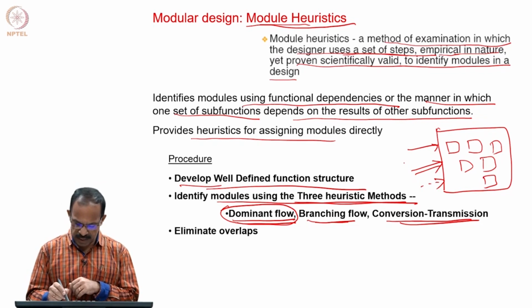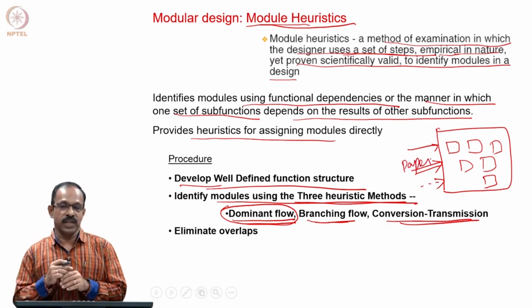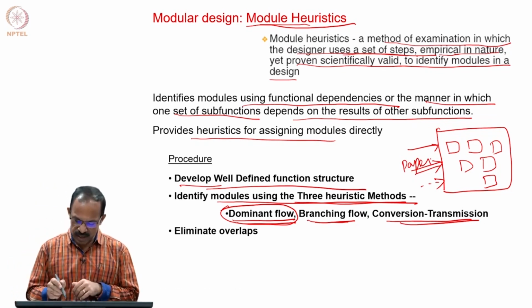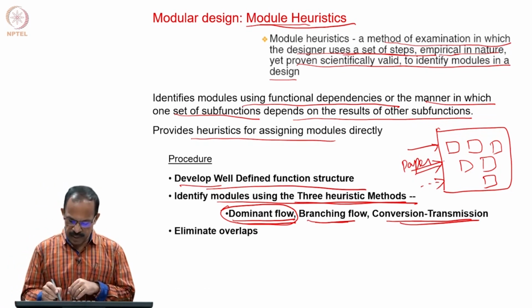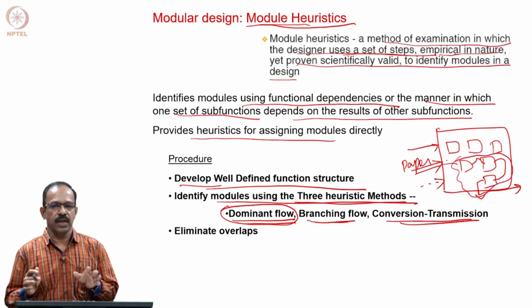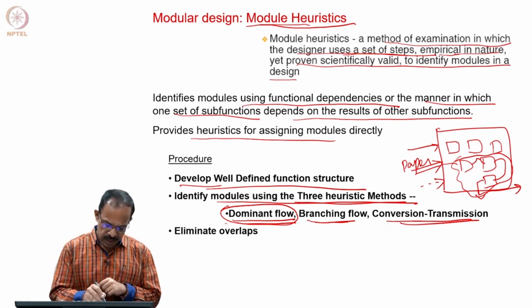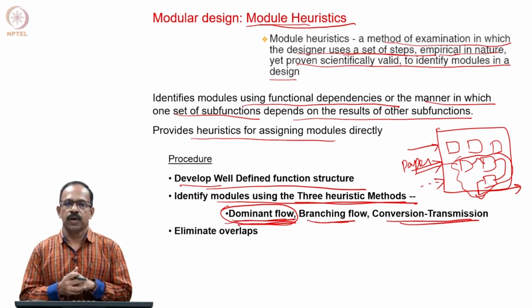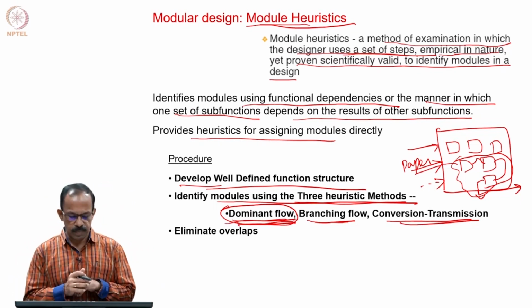For example, in the previous case also, though it was not based on any rule, we tried to see what is happening to the paper, and then we tried to identify all those functions through which the paper passes and comes out, and then we can combine all those functions as a module. So, that is known as the dominant flow heuristic.